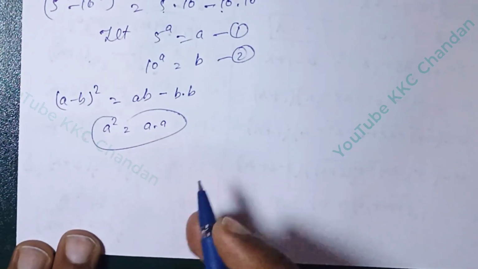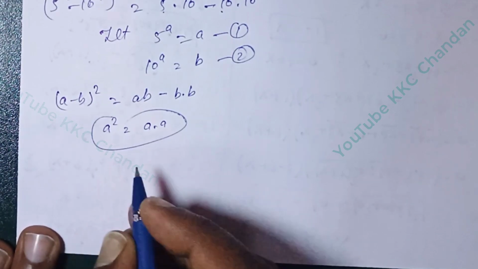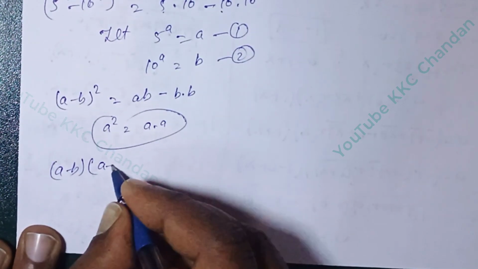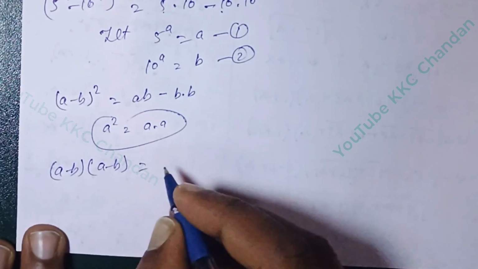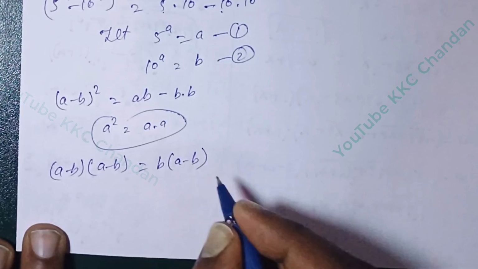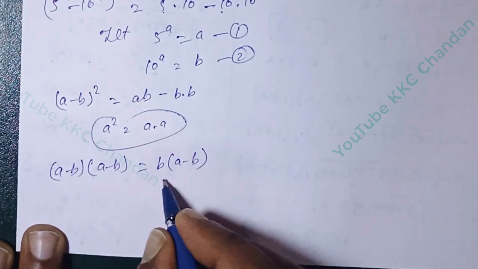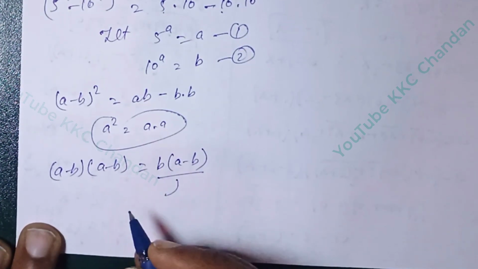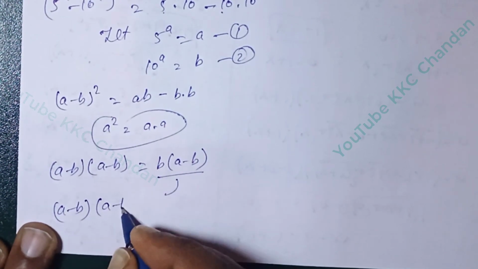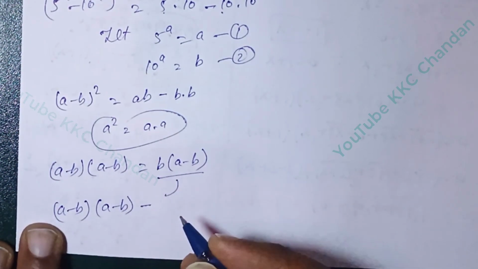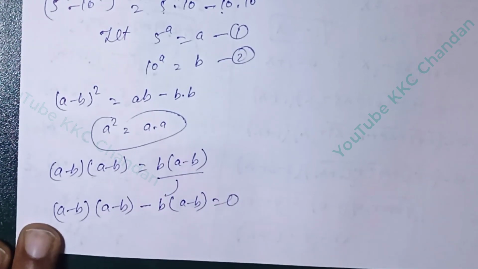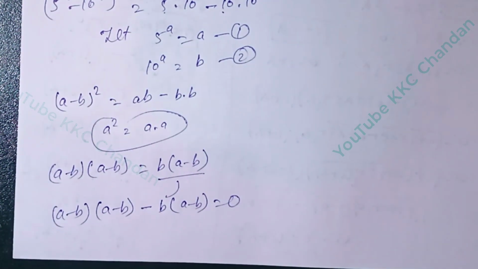Next step, (A − B) into (A − B) is equal to, here take common B, left it (A − B) bracket close. Next step, this whole comes to this side: (A − B) into (A − B) − B into (A − B) bracket close is equal to 0.